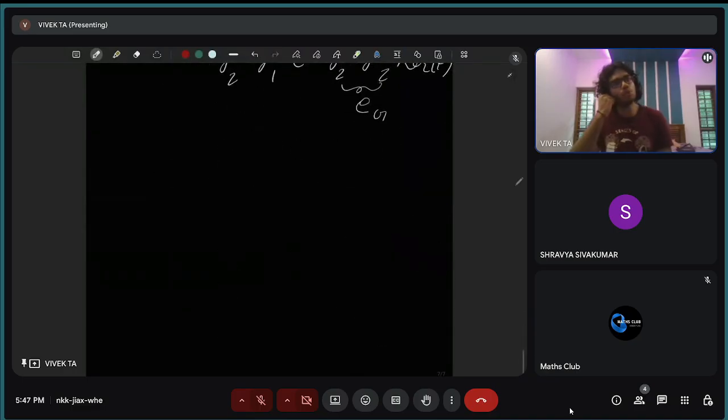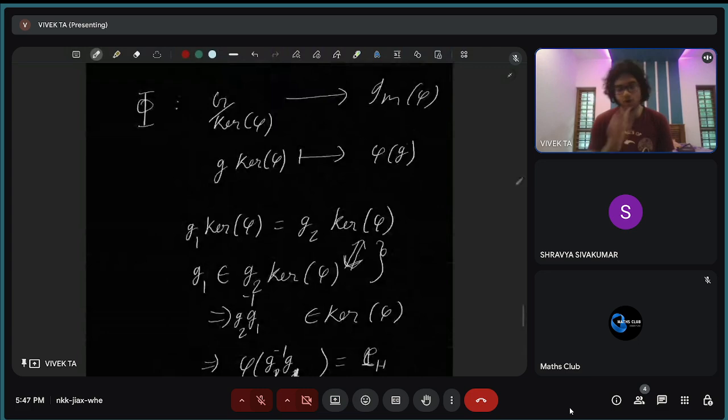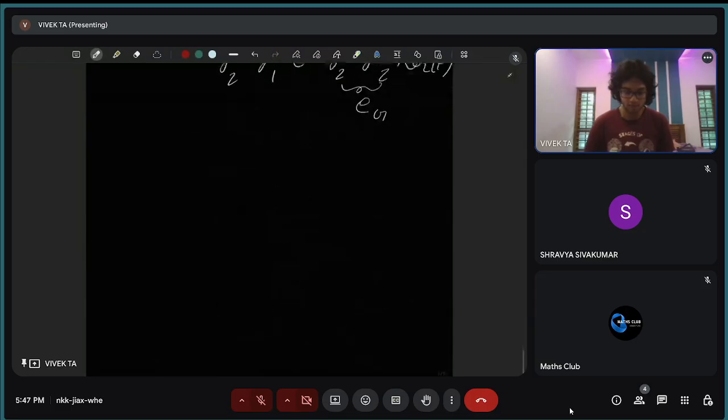So now we have to prove one-oneness. The surjectivity is obvious because we are taking phi of g for all g, and the image of phi is defined as the set of all possible images of g. So the surjectivity is obvious. We need to prove the injectivity.